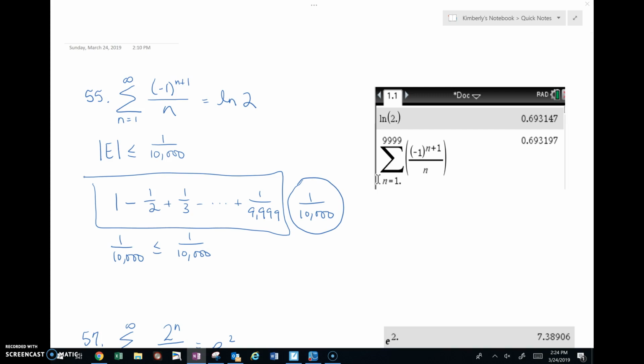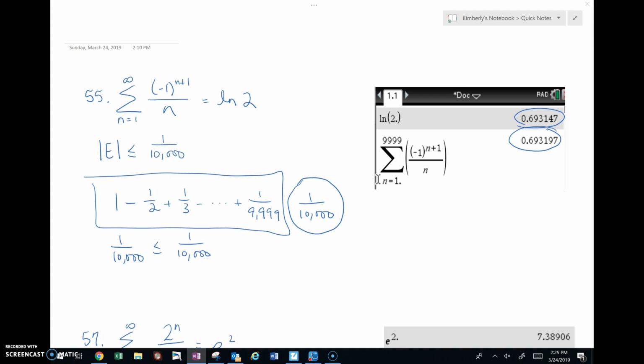I put in ln of 2 over here, getting 0.693147, and then using a sigma and a finite sum up to 9,999, we can see that we are within, it looks like, 500 thousandths of the requested error. So that one is kind of easy to do.